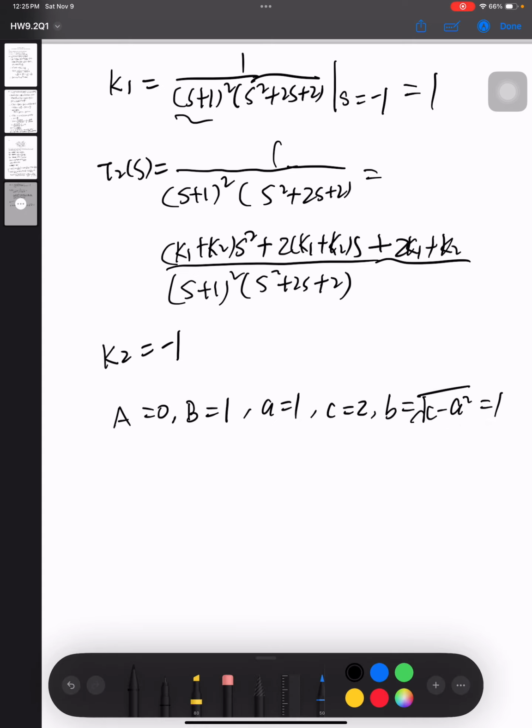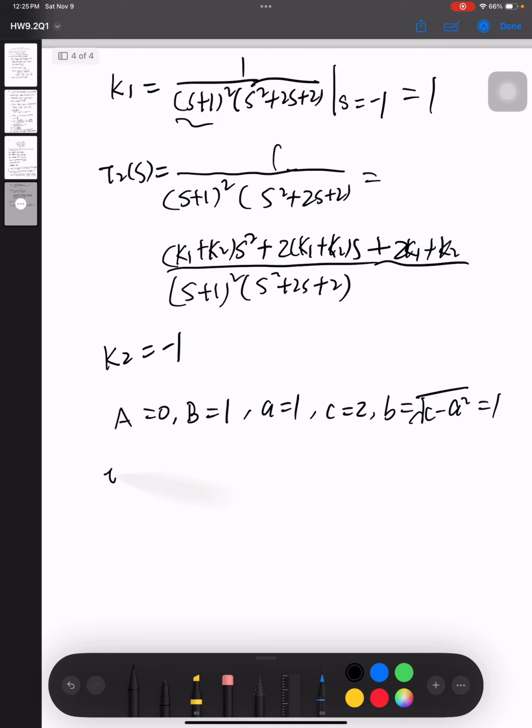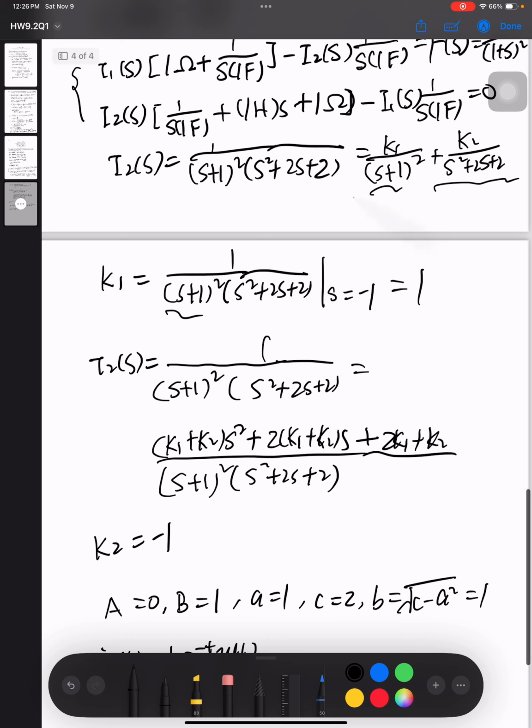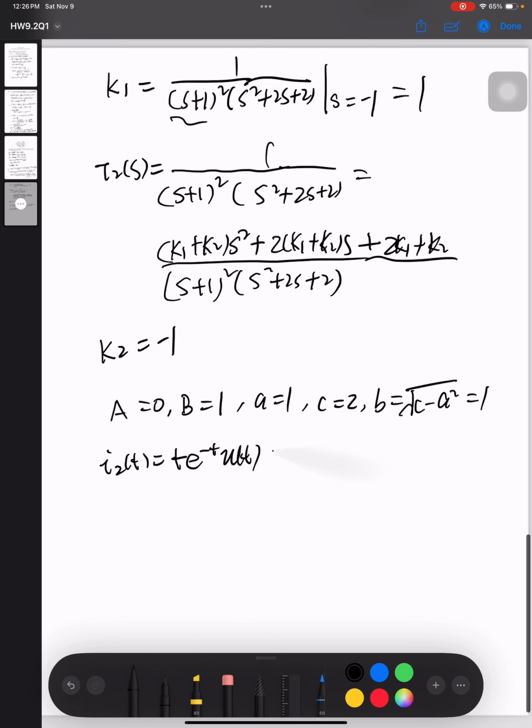So the inverse Laplace transform i2(t) becomes t times e^(-t) u(t), which corresponds to this part. And then for the second part, we just use the formula from that table, e^(-at) times (A cosine bt plus (B minus Aa)/b sine bt) times u(t).